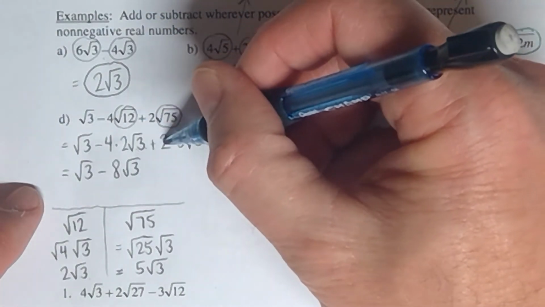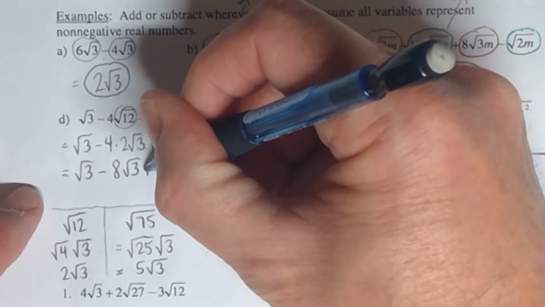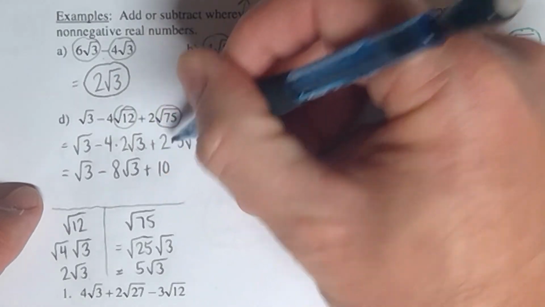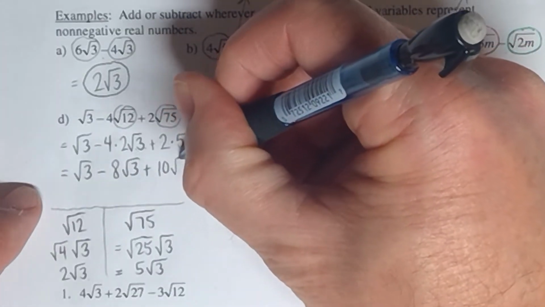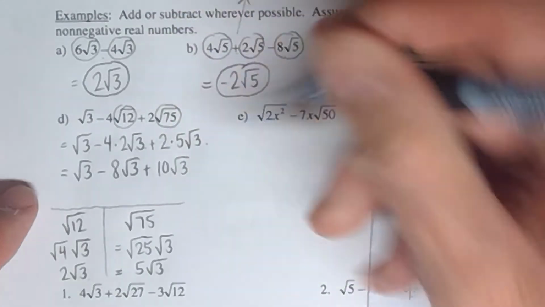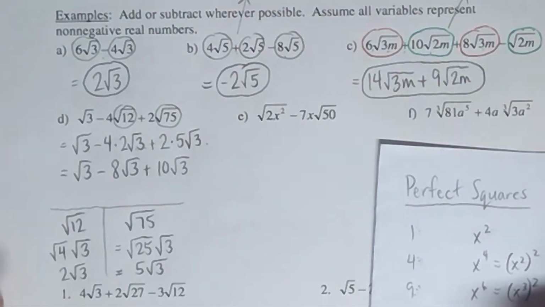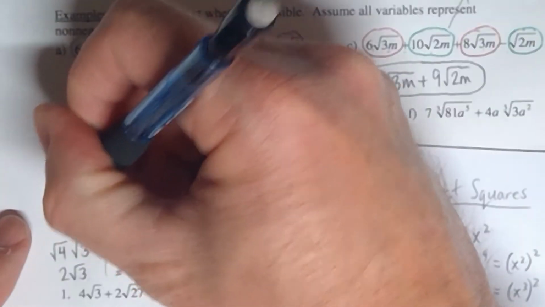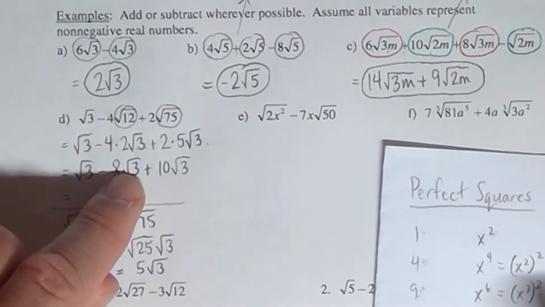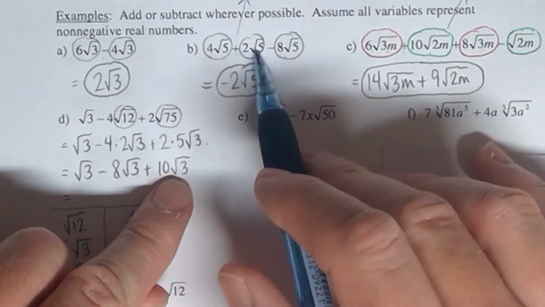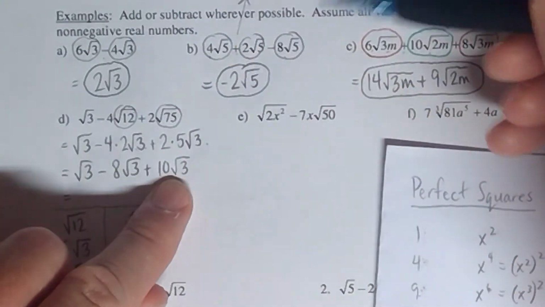And then you have plus 2 times 5 is plus 10. If there's a plus there, make sure to keep that plus, okay? Make sure to keep that plus. All right.